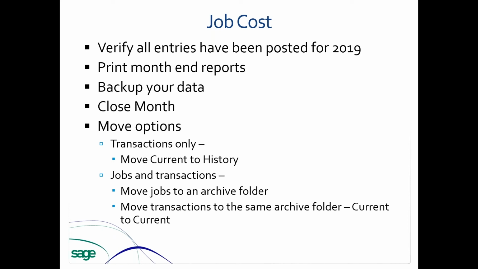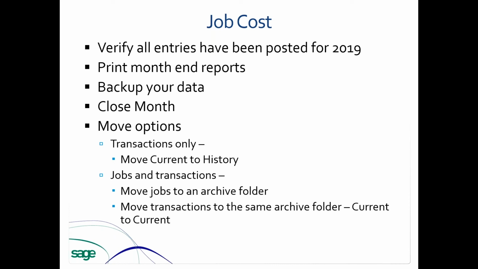And the whole point of having this completed job folder is so that your closed jobs and the transactions that go with those closed jobs are together in one place. Because remember, you can only have one master file for job cost inside your current data folder.